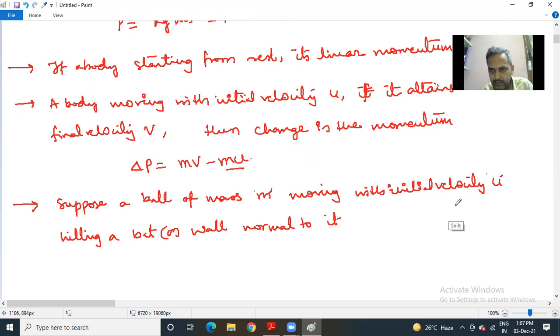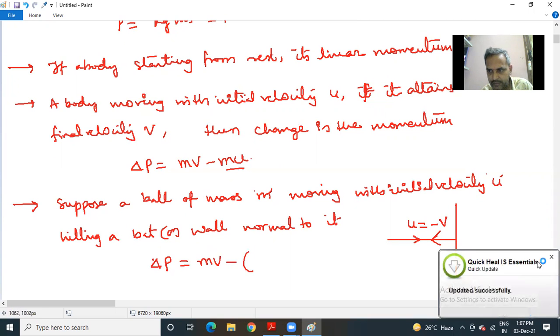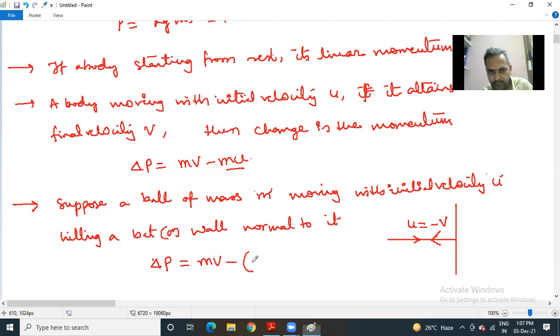Let us say this is the ball moving with initial velocity and coming back with the same velocity in the opposite direction. So the magnitude of initial velocity is equal to final velocity, but opposite in direction. Then the change in the momentum, delta P, is equal to mv minus, since direction is negative, this is going to be minus mu.